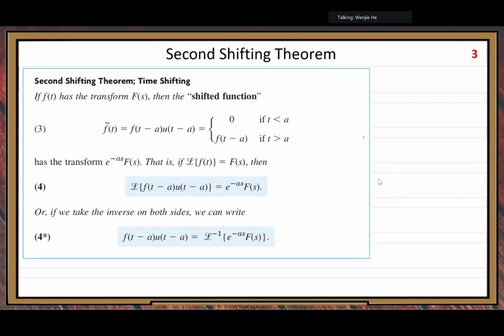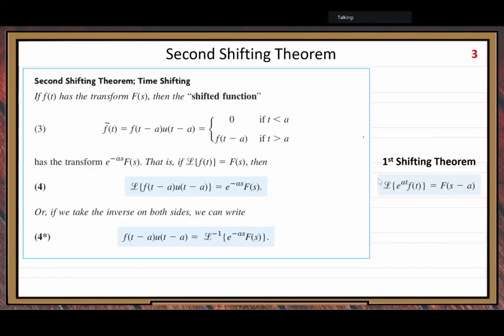So you have this pair of Laplace transform and inverse Laplace transform related to the u function. We can prove it easily. We just plug in the formula. Here, let's review the first shifting theorem.